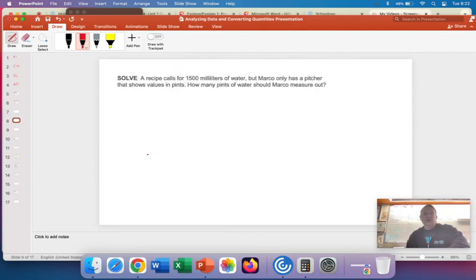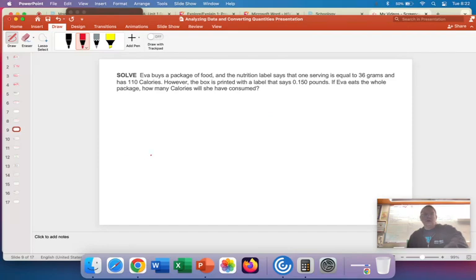A few more practice. This recipe calls for 1,500 milliliters of water, but Marco only has a pitcher that shows pints. How many pints of water should Marco measure out? Cups to pints for your answer. And then last one, Ava buys a package of food.